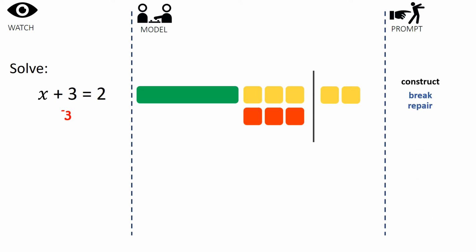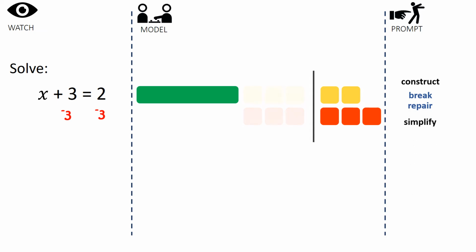So of course we need to repair the equation by putting 3 negatives on the right-hand side too. And again, on the left-hand side, I've put my 3 negatives directly underneath the 2. At this stage, we need to simplify. So if we simplify, we get x equals negative 1.